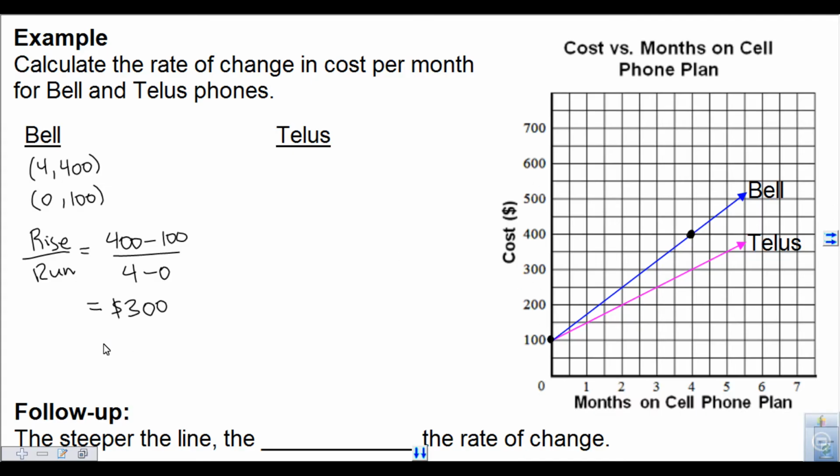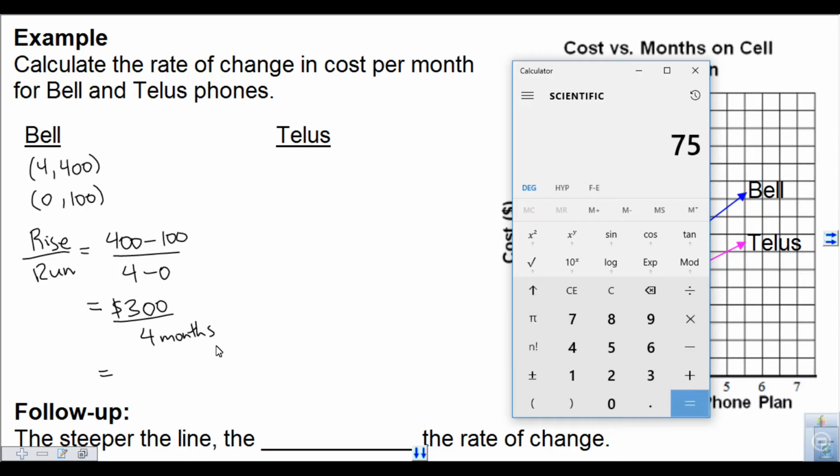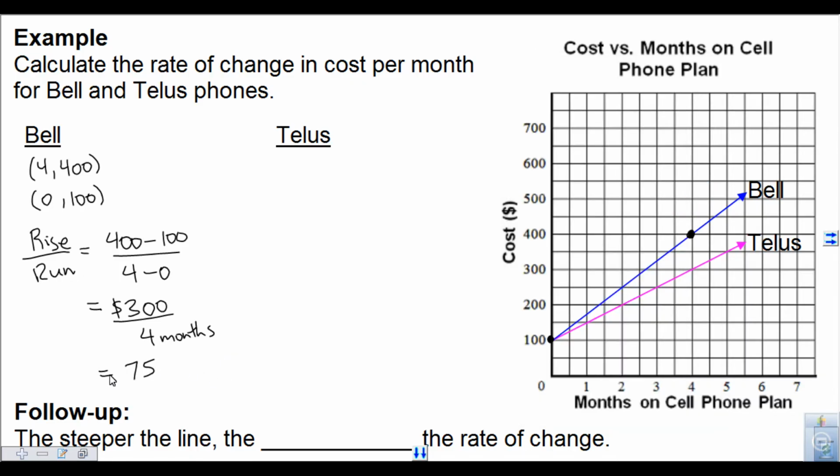So I'm going to write dollars divided by 4 months. And then 300 divided by 4, I'm just going to do that real quick. 300 divided by 4, so that's 75. So that's 75, and that's dollars per month.